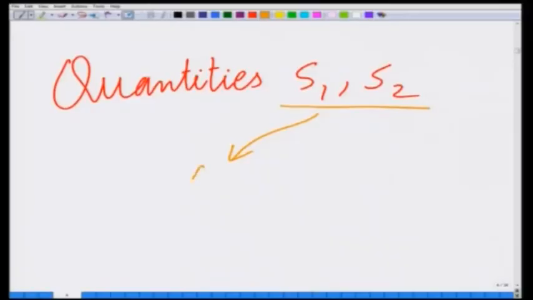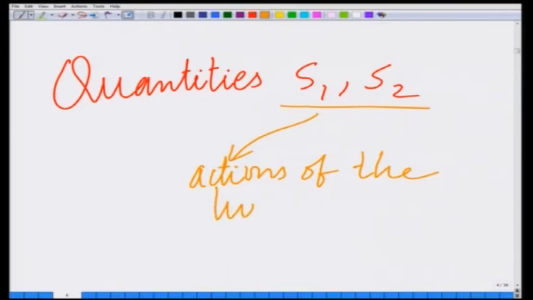So S1 is the action of firm 1, S2 is the action of firm 2. So these are the actions of the two firms, that is to determine how much quantity to produce of the good.